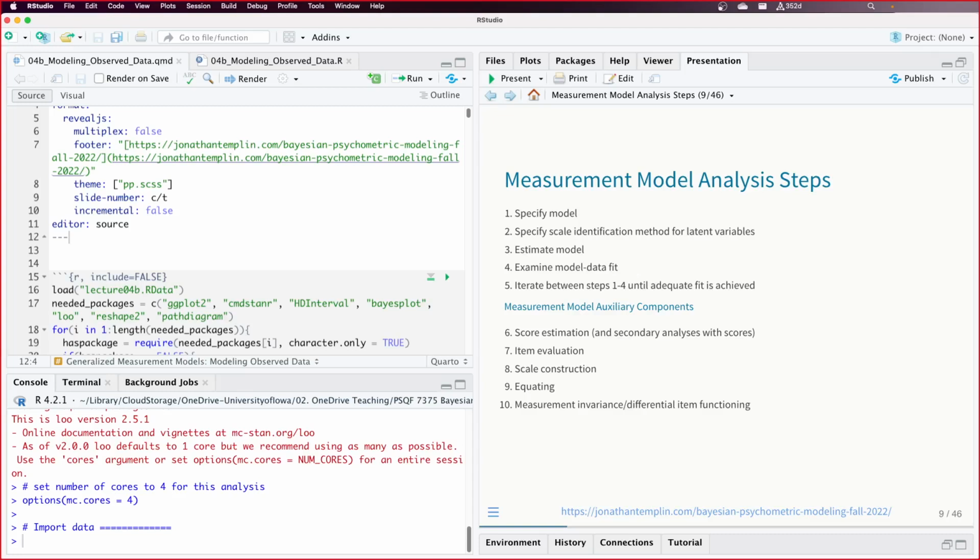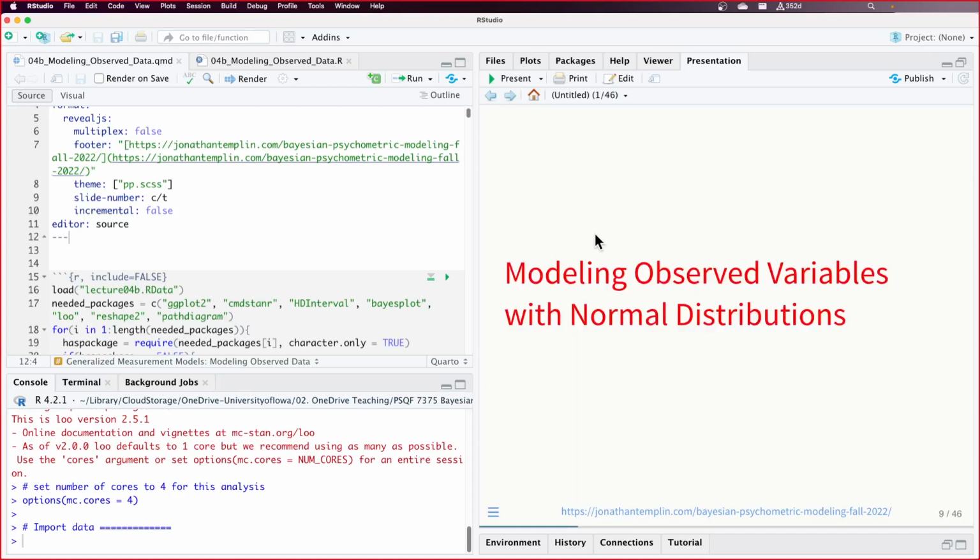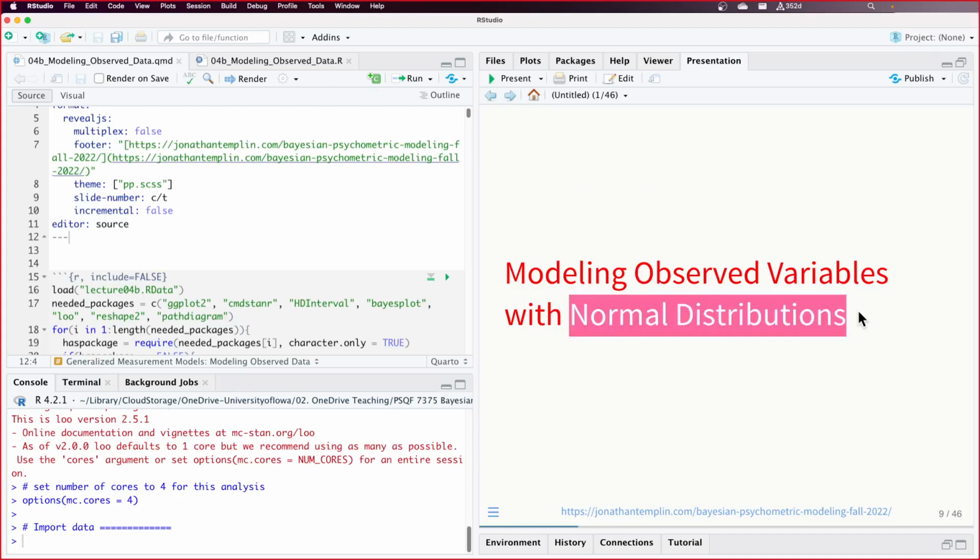We'll have a standardized latent variable for this as well because we're trying to simplify the process to show the model building on the left-hand side of the model now. Okay? So now we're going to talk about CFA, what we would call CFA otherwise. We're going to model observed variables with normal distributions.